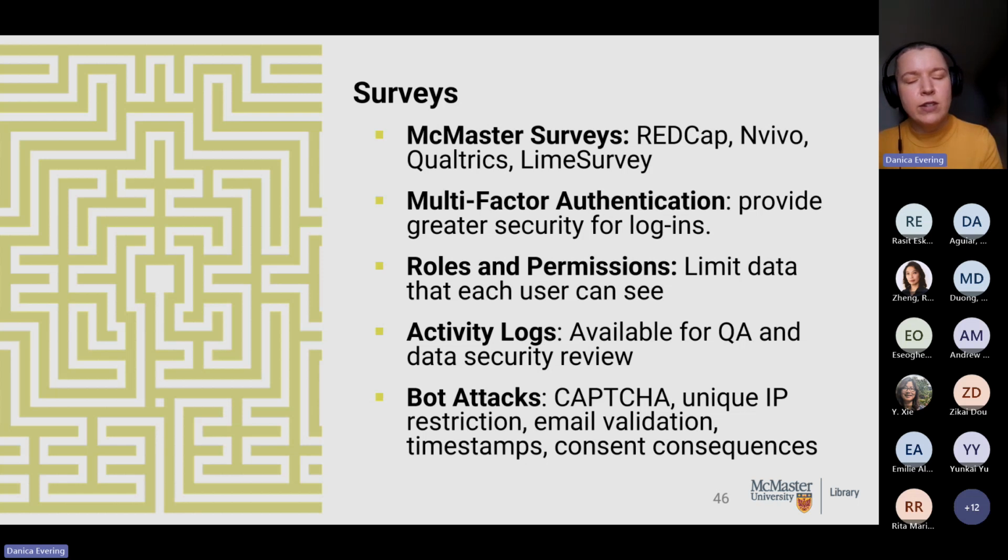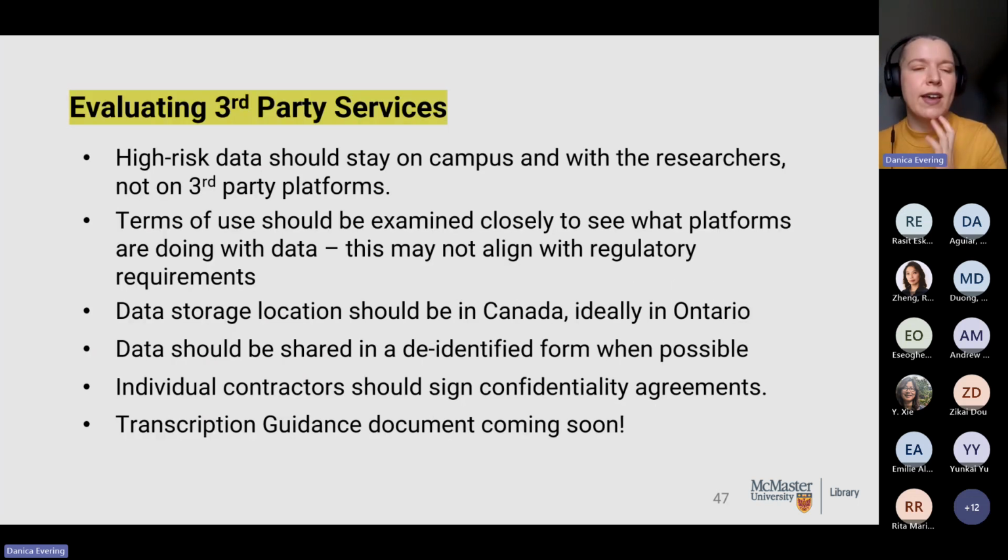Setting up email validation, so people get an email that they have to approve in order to get access to the survey. You can state consent consequences, so if you fill out the survey and you are not a valid person, there will be consequences. And then also timestamps, so if you get 13 or 400 different entries from the same time that look very similar, it's a way of removing those. I just wanted to mention that because we have been seeing that quite a bit from researchers.